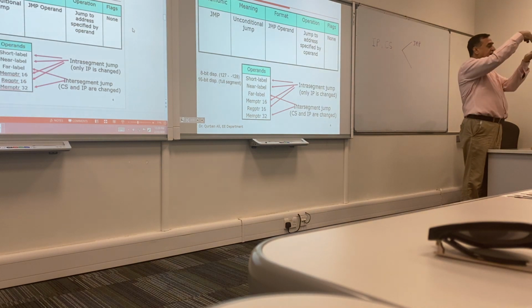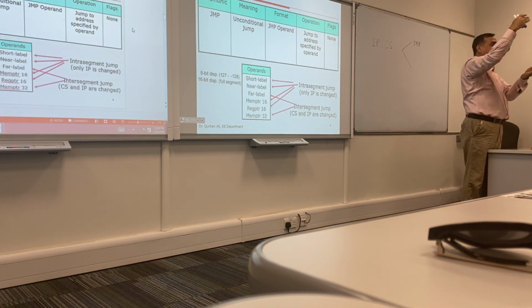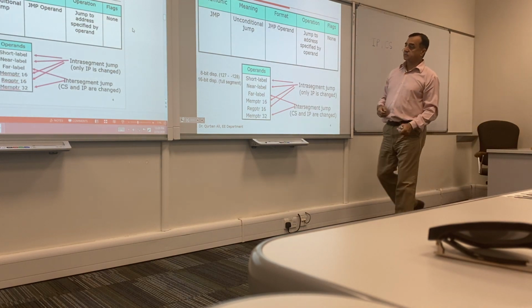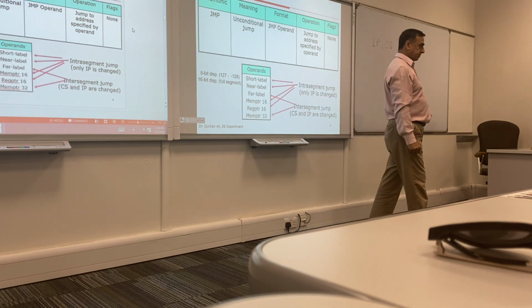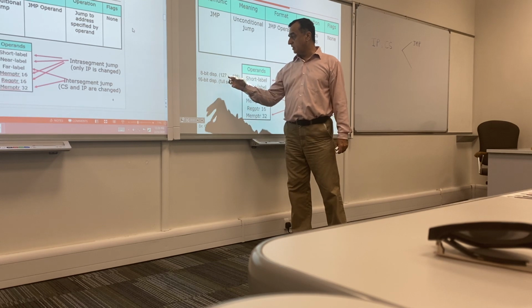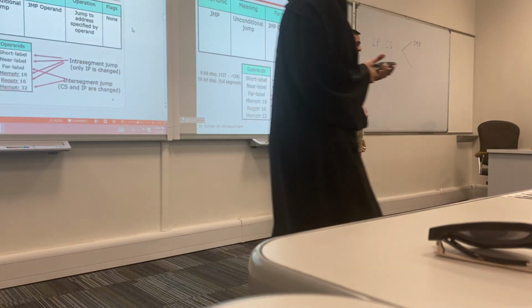If my position is here, the maximum jump will be 256 locations, so 128 plus and 128 minus. So we used to call it a label as a short. So it was a total of 256 from minus to plus including 0.